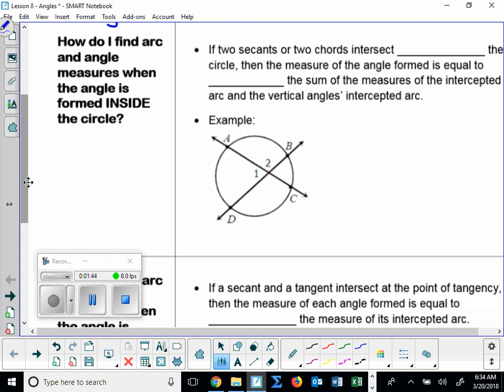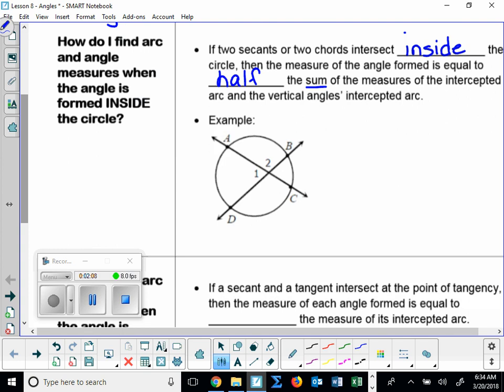If two secants or two chords intersect inside the circle, then the measure of the angle formed is equal to half the sum of the measures of the intercepted arc and the vertical angle's intercepted arc. So what in the world does that mean?